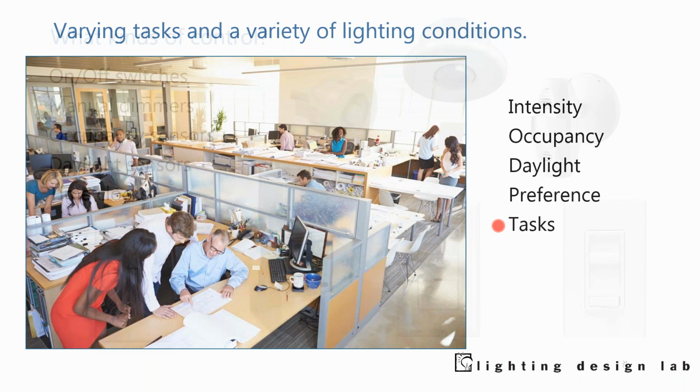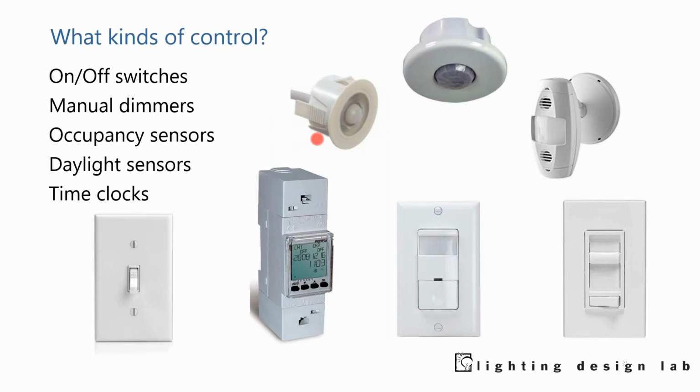So what kinds of controls do we use? Well, on-off switches are certainly viable in some cases, but we're looking at automatic controls for the most part, and those could be fixture-based sensors, ceiling mount sensors, wall-mounted sensors, more sophisticated time clocks at the panel, and then dimming, manual dimming, and wall box devices.